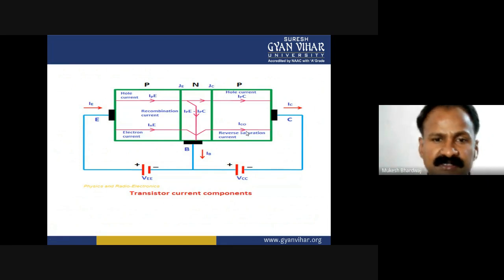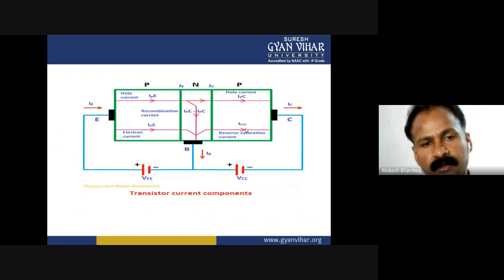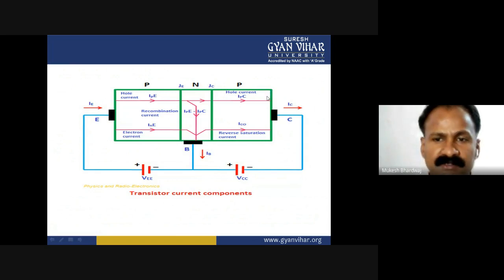Okay, so these are some current components. The basic components are shown as IE, IB and IC. As we know from Kirchhoff's current law, the incoming current is equal to the outgoing current, or all the currents at the junction are algebraically added.